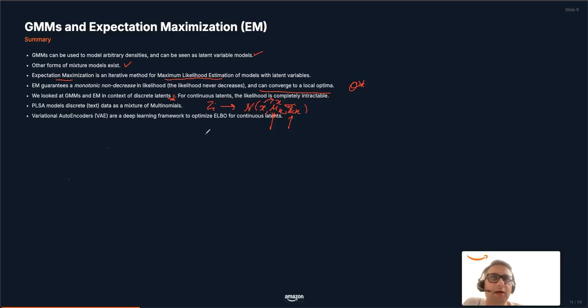But when z's are continuous, this likelihood is not computable. You can't do expectation maximization to find the values of parameters. I already talked about PLSA, and what you will see is that variational autoencoders are essentially the framework which also optimize the ELBO and where the latents are continuous. We will talk about it later.